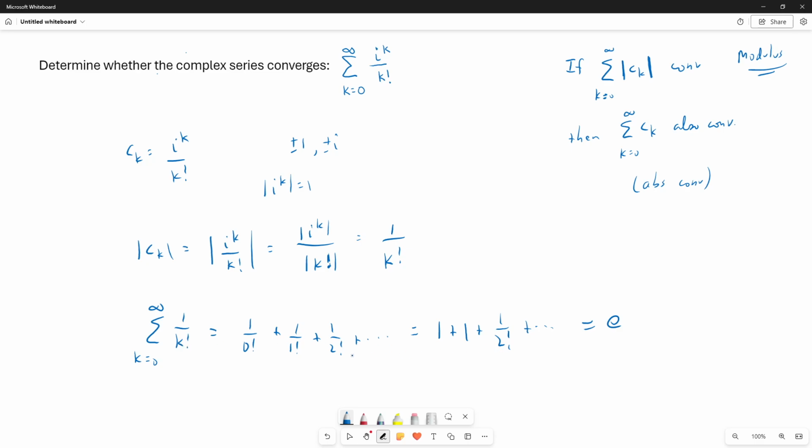So this series does converge. Its sum is well known. We can show that it converges using the ratio test. But okay, so since this series converges, this series also converges. It converges absolutely.